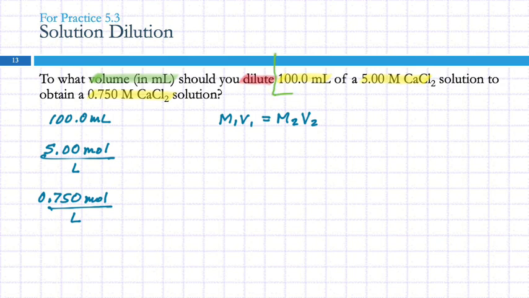So this is 100 milliliters of that concentration. Those are together, right? That's the volume of that particular concentration. Let's call those 1. Okay, that'll be solution 1. So then the 100 milliliters is the volume of solution 1, and the molarity of solution 1 is 5.